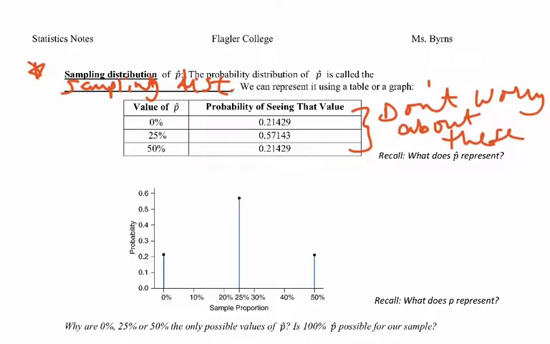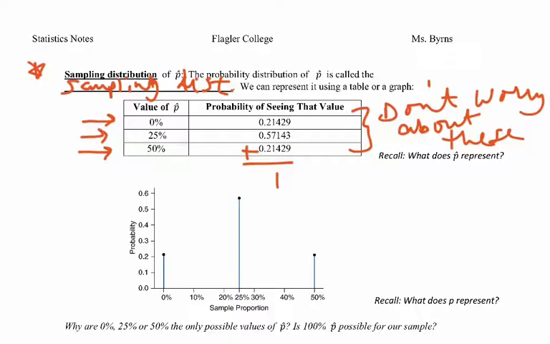The important thing I want you to get out of this table is that we had 3 different possibilities for p hat: 0, 25%, or 50%. Those were our possible outcomes, and the probabilities next to them are provided. Also notice that if you add these numbers up, they add up to 1. And they should, because in an entire probability distribution, all the probabilities have to add up to 1.